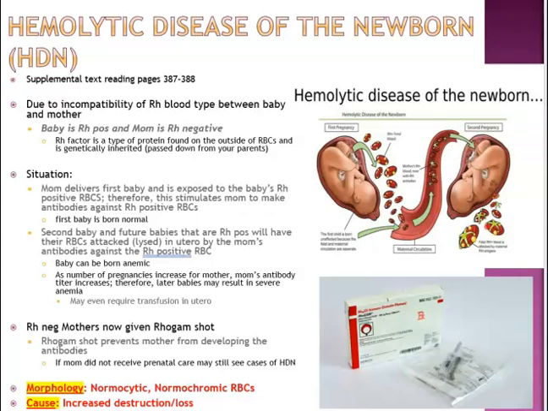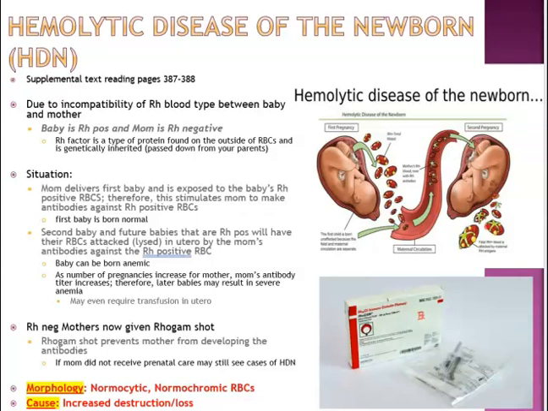But because of that first baby, the mother is going to build up antibodies to Rh positive blood. The second baby and any future babies that have Rh positive blood will have their red blood cells attacked or lysed in utero, or inside the uterus, by the mother's antibodies because they are Rh positive and she's Rh negative.